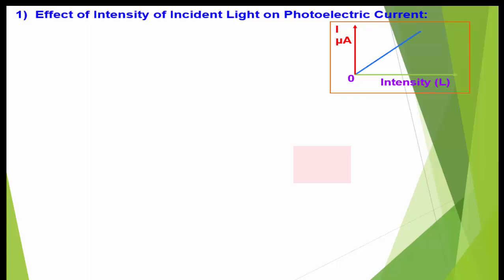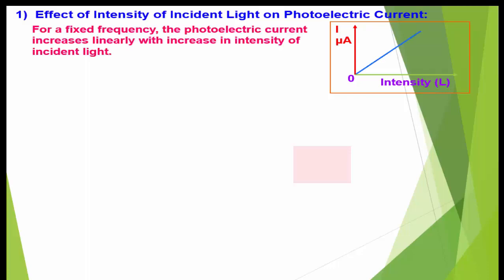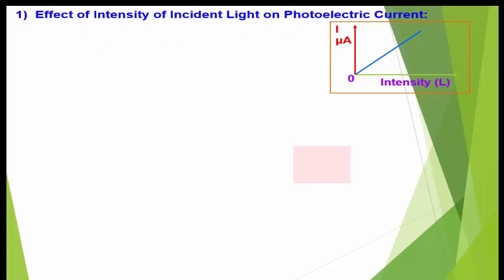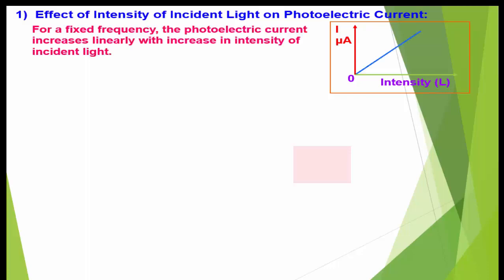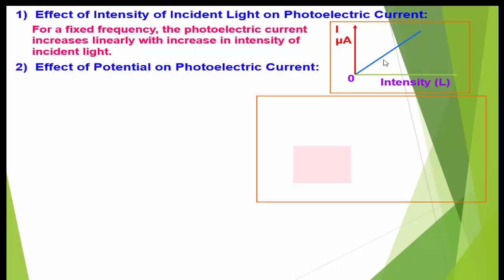So the number of photoelectrons emitted per second is directly proportional to the intensity of the incident radiation.